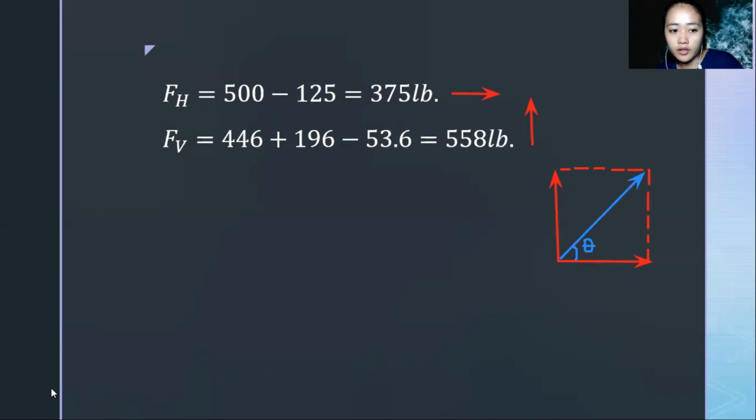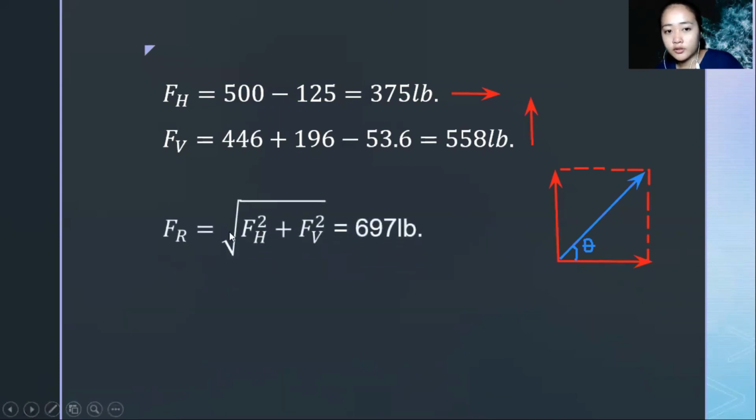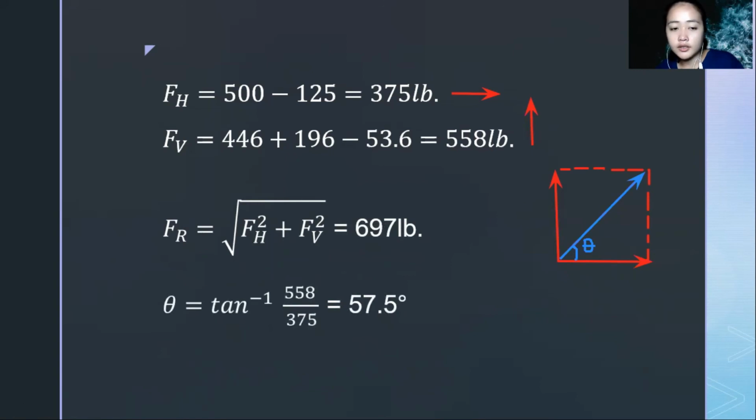So Fr is equal to the square root of horizontal force squared plus vertical force squared, which is equal to 697 pounds. And for the angle, it is arctangent of 558 over 375, which is equal to 57.5 degrees.